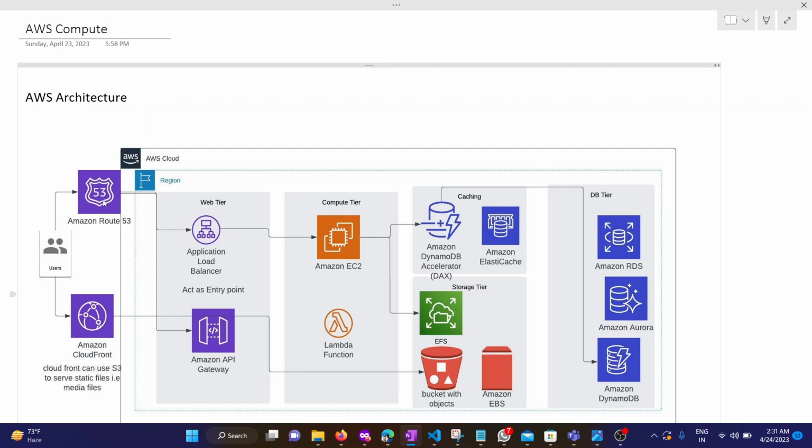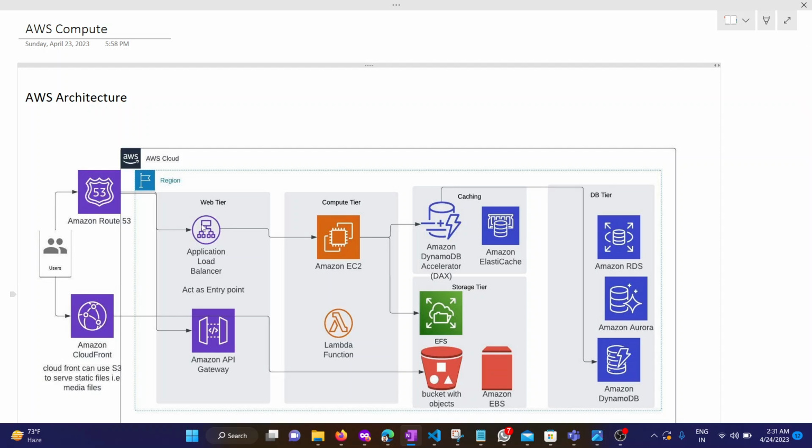Web tier, I am just giving this tier a name: web tier, the first front end. This will have an entry point. If we are using serverless, there will be a Lambda function and Amazon API Gateway, or we can use an application load balancer, and in target, that is a different topic.